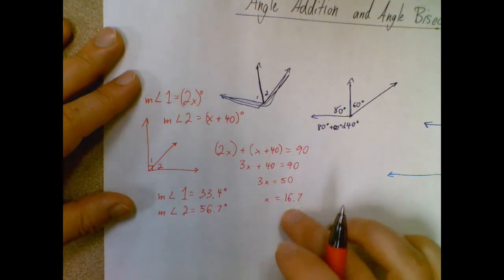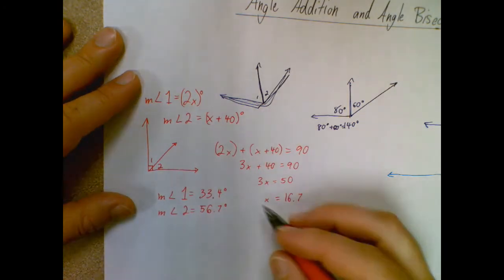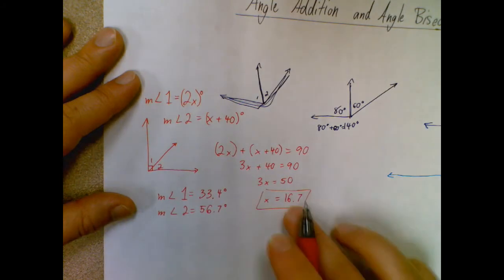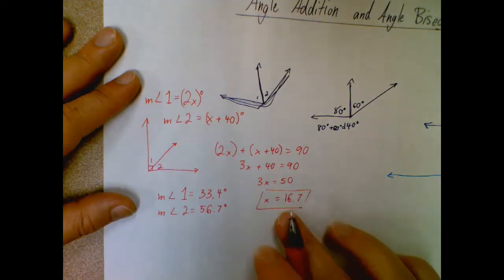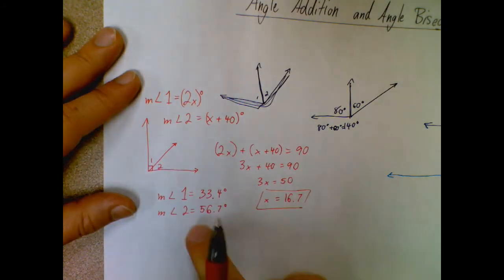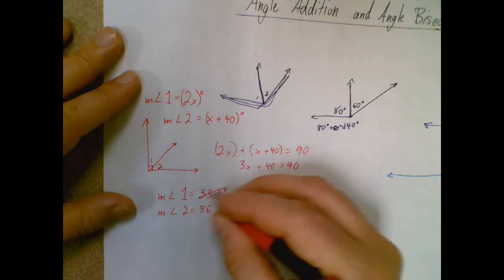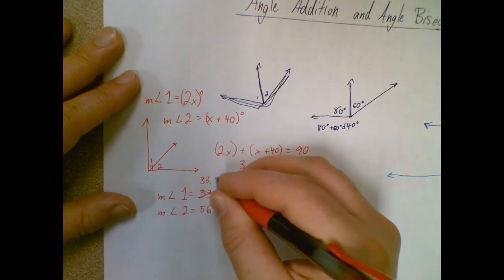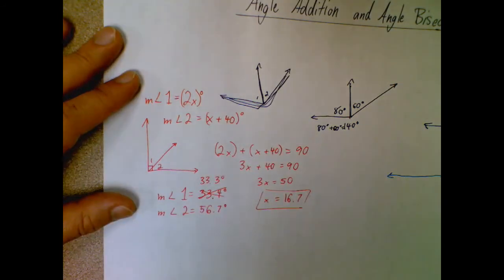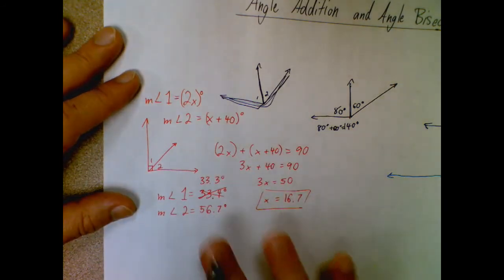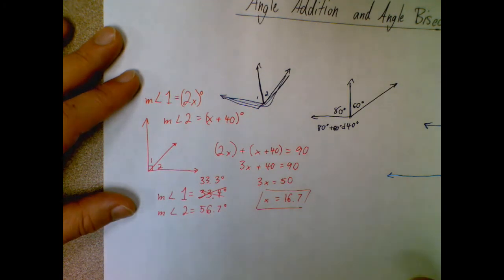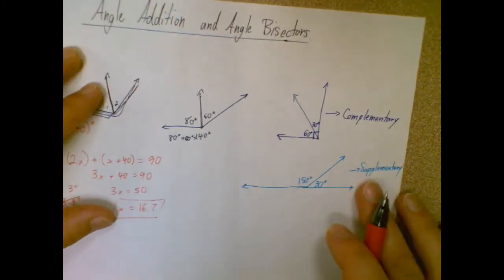Usually the problem says where to round. If you round early, that's usually where this goes wrong. If you don't round, or round further down, you'll have less of an issue. Anyway, these should add up to 90, so I'll adjust this one so it comes out. That is how you might use those complementary and supplementary definitions.